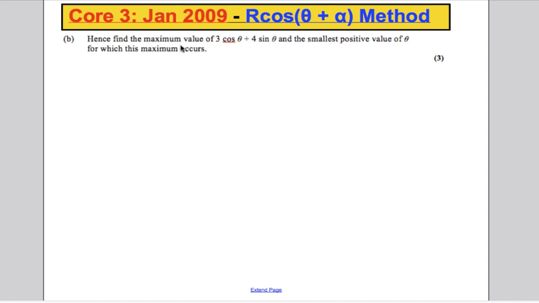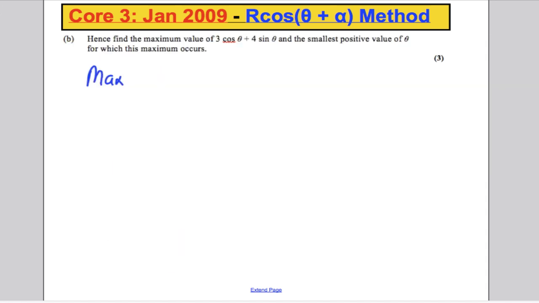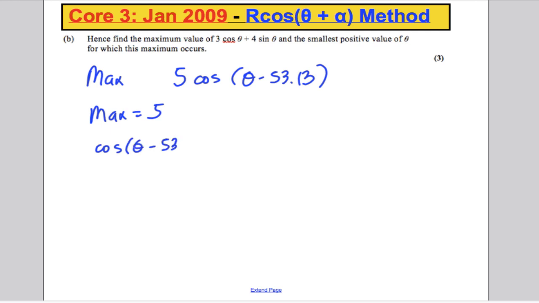Next part, part B. Hence find the maximum value of this and the smallest possible positive value of theta for which this occurs. The max must be the maximum value of 5 cos(theta minus 53.13), and the maximum of that must be 5, and it occurs where cos(theta minus 53.13) has the value 1.